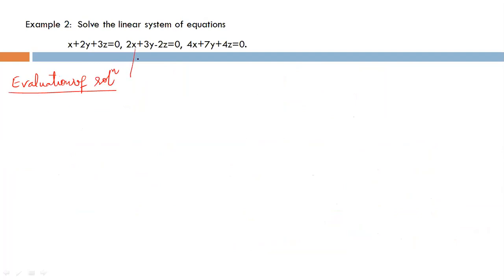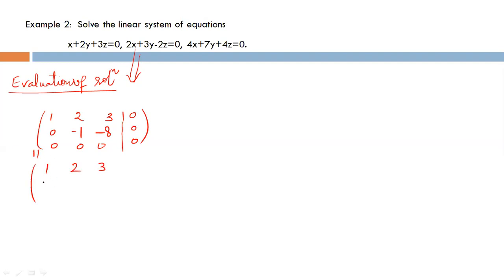We can see that this is equivalent to 1, 2, 3, 0, minus 1, minus 8, 0, 0, 0, times x, y, z equal to 0, 0, 0.